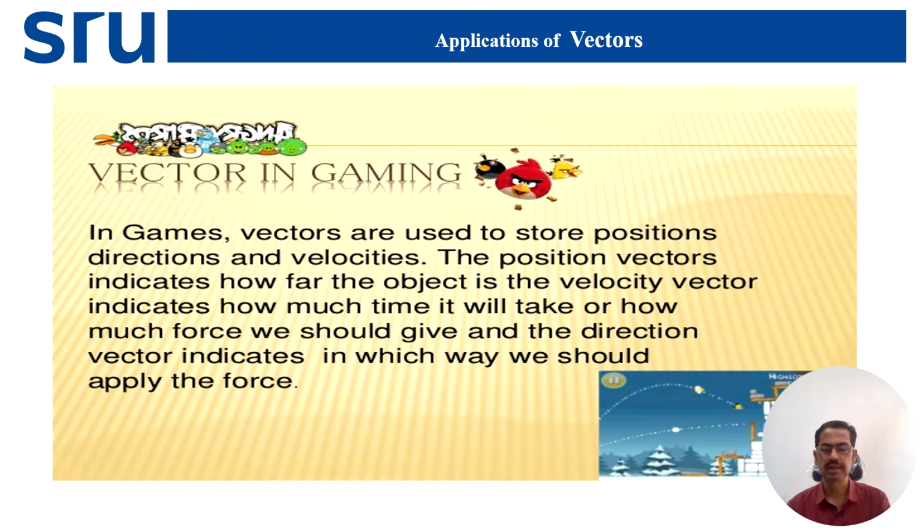The velocity vector indicates how much time it will take or how much force we should give, and the direction vector indicates in which way we should apply the force. So in gaming theory, there are many vector parameters at work.